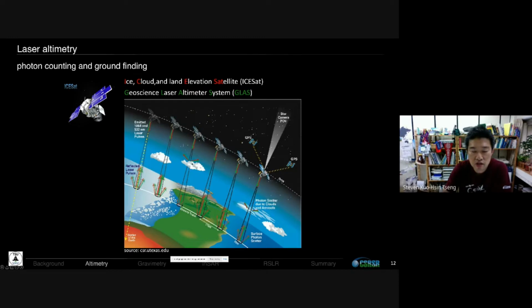So it can measure the cloud top height and also the ice surface height, canopy height, water level, and so on. So basically it has various products. But as you can see, because it reflects at different surfaces, it's not exactly for sea surface measurement. It's for various surface height measurements.